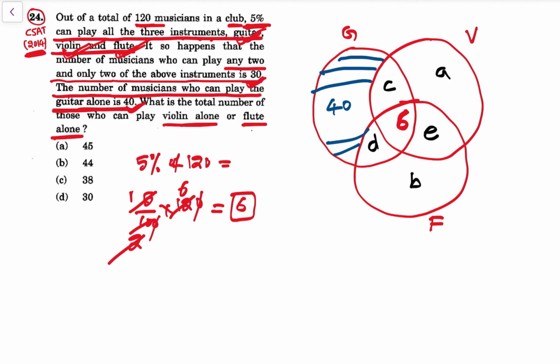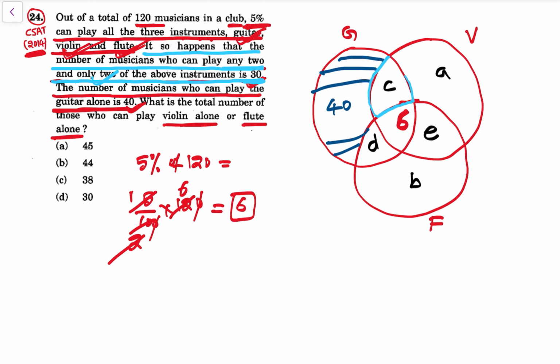But one more piece of information is given: the number of musicians who can play any two and only two of the above instruments is 30. That is only two instruments.